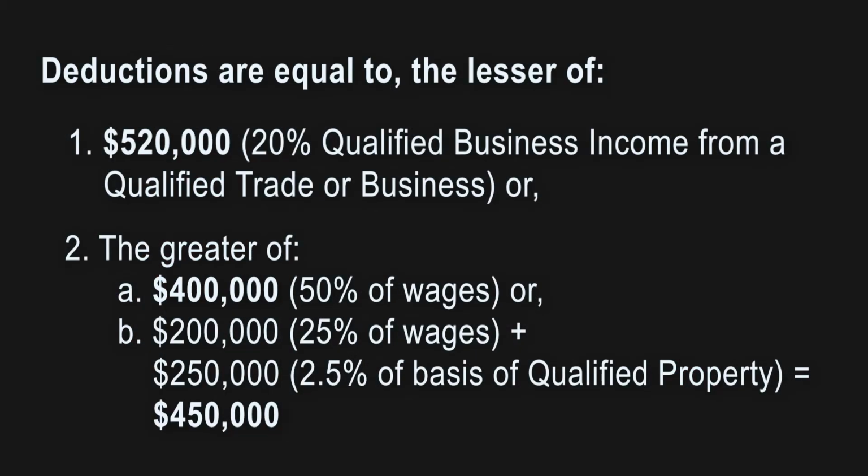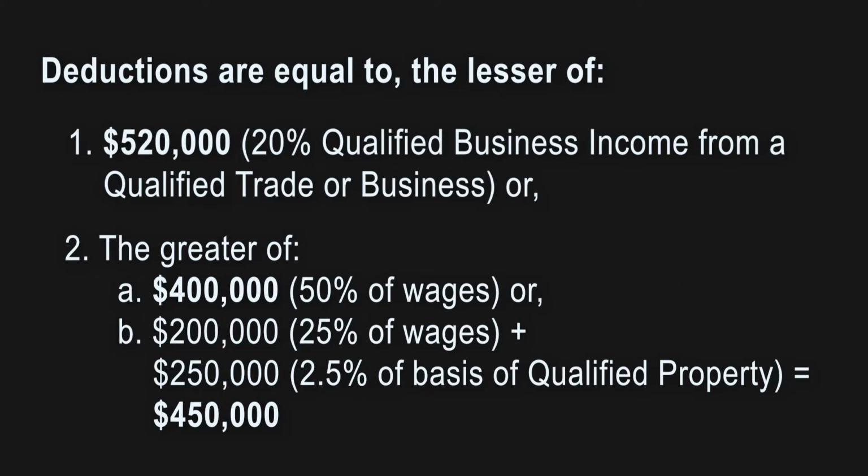So we had three numbers. First was 20% of the qualifying business income, $520,000. If that's the lowest number of these three, that's what your deduction would be. But in our example here, $520,000 happens to be greater than the greater of the two items. 50% of the wages was $400,000, and the combination of 25% of wages and 2.5% of basis was $450,000.